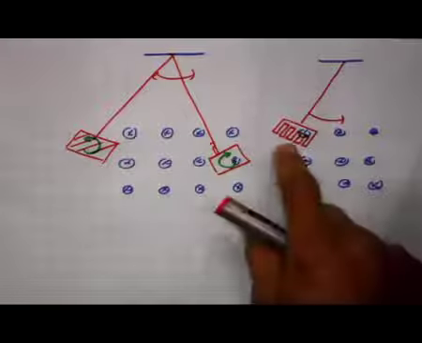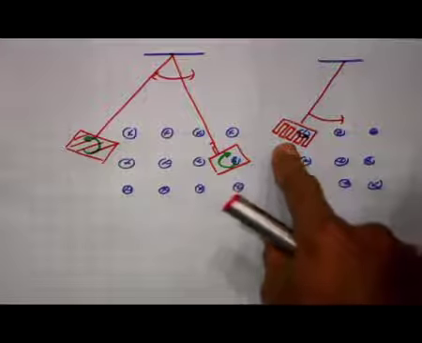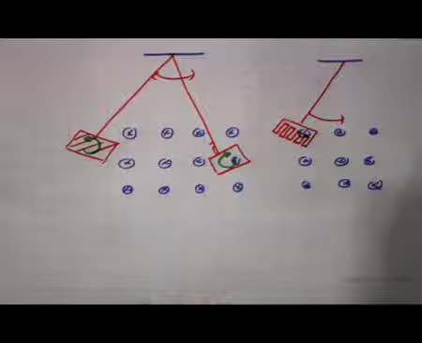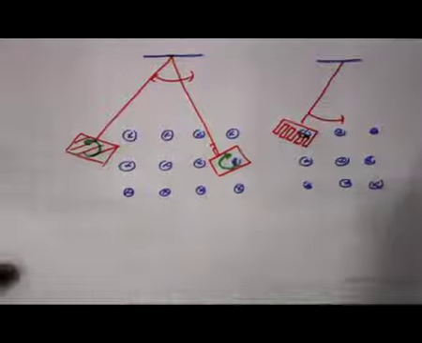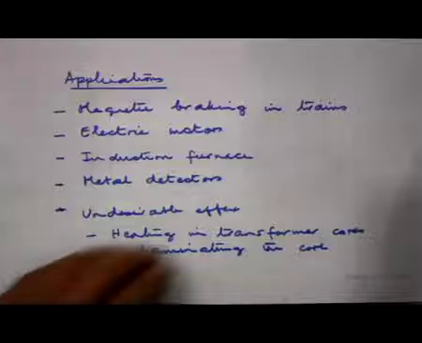The eddy currents get much reduced, and the damping is much reduced. So, instead of having a solid piece, if you had cut pieces, you can reduce the effect of eddy currents, and that is what is done in lamination of the core of a transformer.